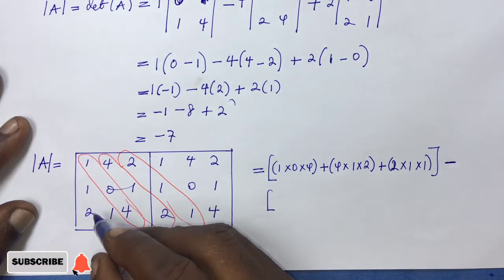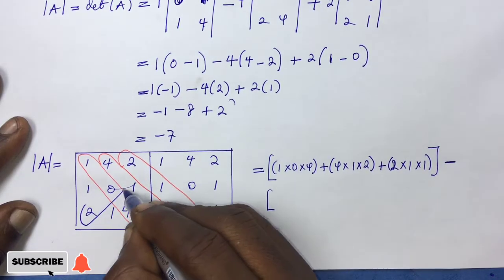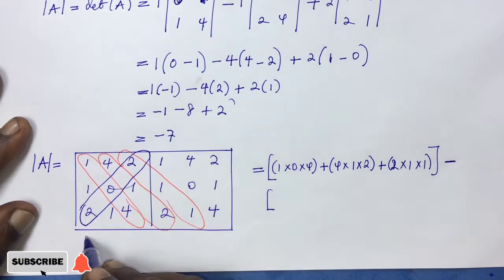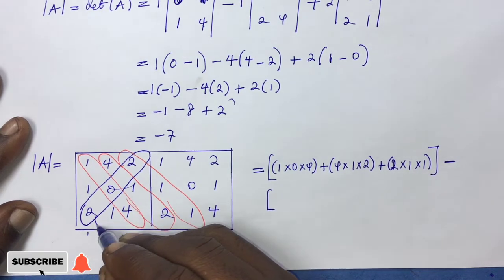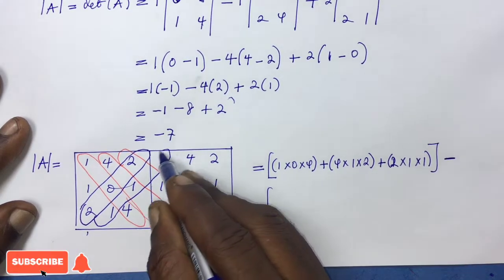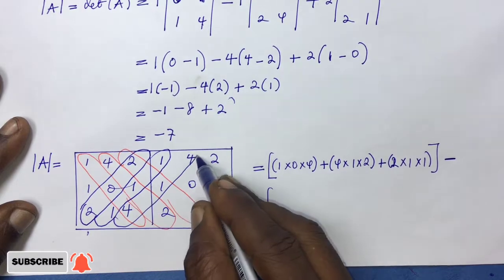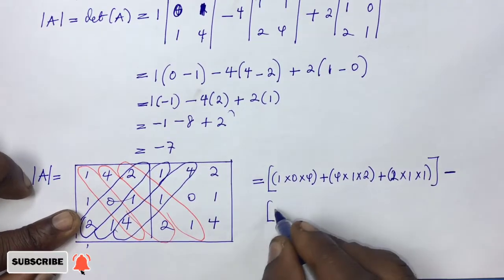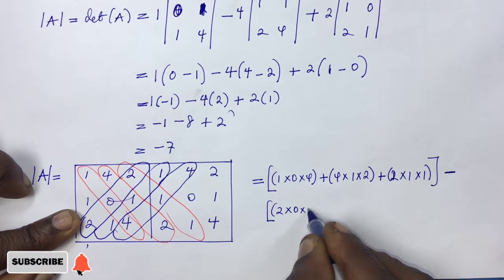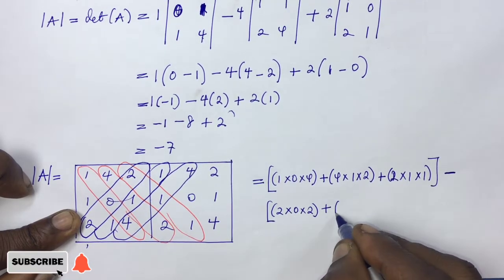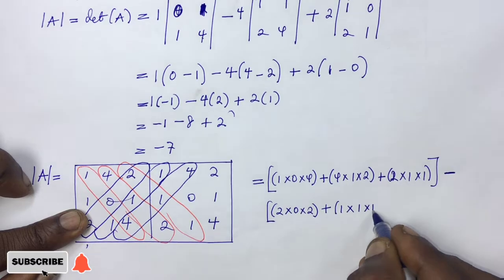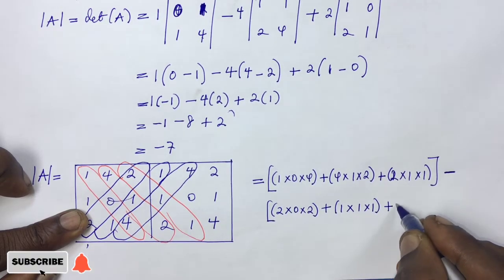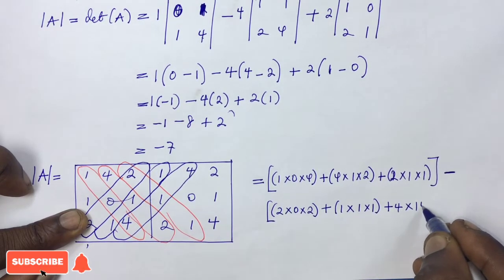If you take the auxiliary diagonal starting from this element here, this will be the first auxiliary diagonal, followed by the second and then the third. So in the first auxiliary diagonal you have 2 times 0 times 2 plus 1 times 1 times 1 plus 4 times 1 times 4.